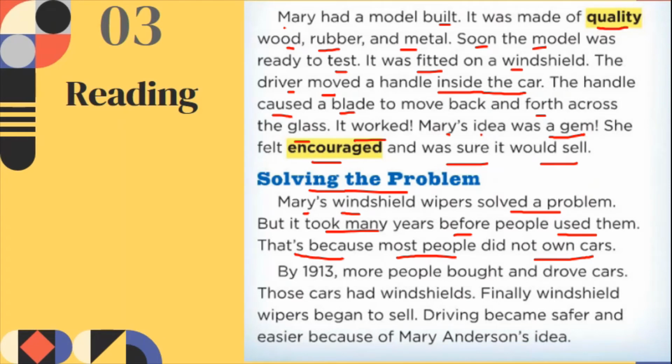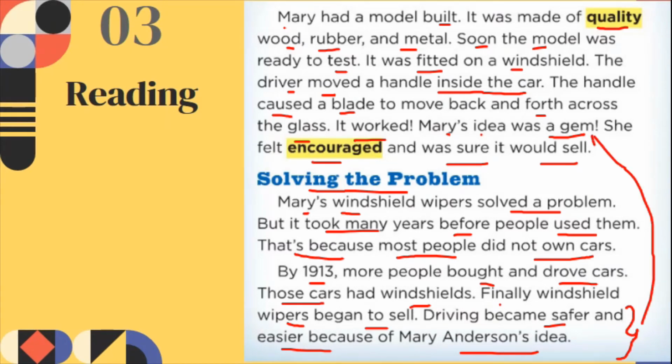But by 1913, more people bought and drove cars. Those cars had windshields. Finally, windshield wipers began to sell. Driving became safer and easier because of Mary Anderson's idea. Do you see these two sentences? This is why Mary's invention was a gem.